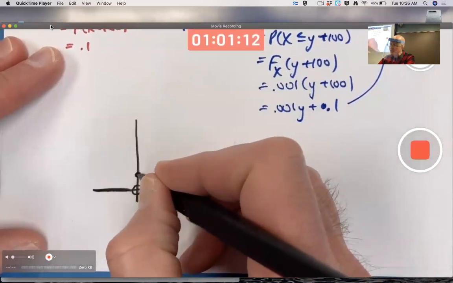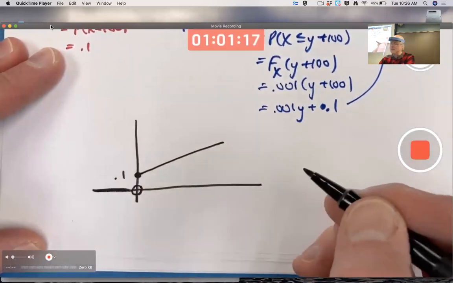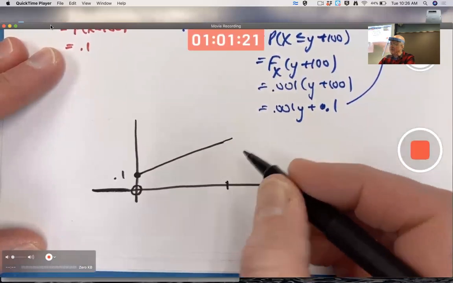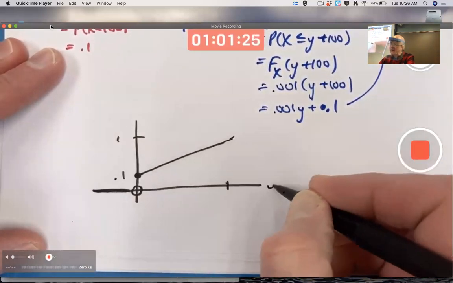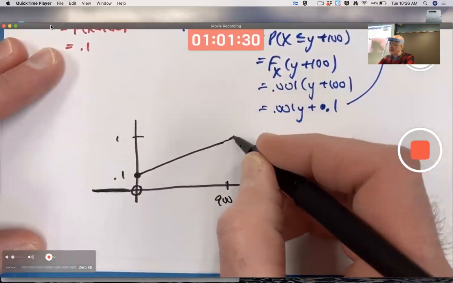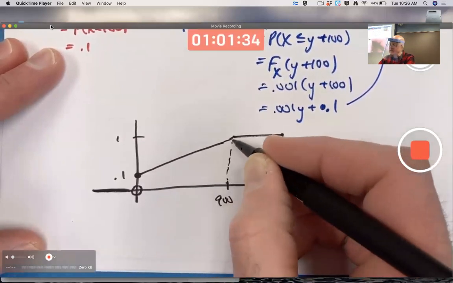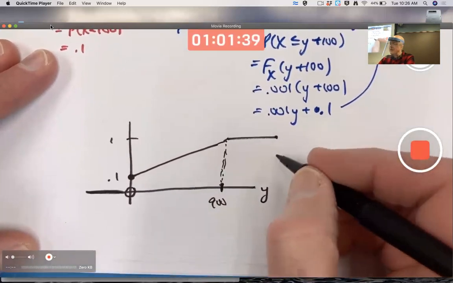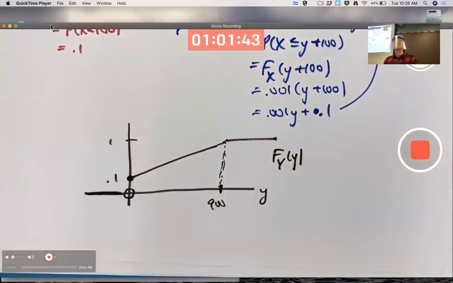Closed circle at 0.1 when y equals 0, and then a line looking like this, getting up to a value of 1 when y gets up to 900, and then is 1 thereafter. Not a perfect picture. That's capital F sub capital Y of little y. It's a discontinuous function at 0.